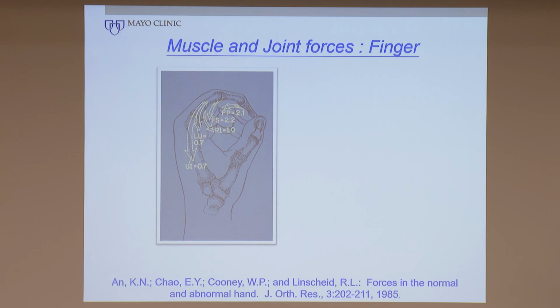After all this, after 1 year, finally we came up with some numbers. I can tell you that for each of the flexor tendons, the force is about two times the amount of pinch force. For example, if you have a 7 kilogram pinch force, you expect 14 kilogram of tendon force passing through the joint.